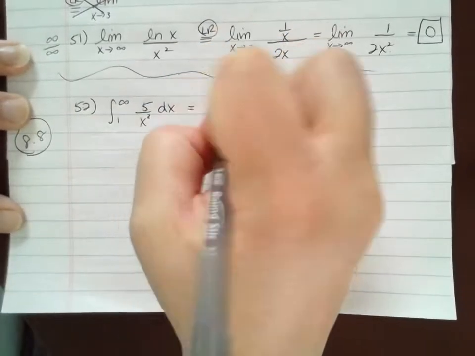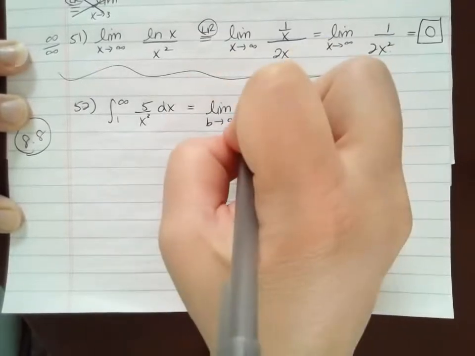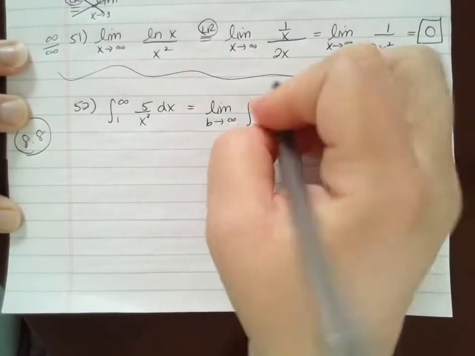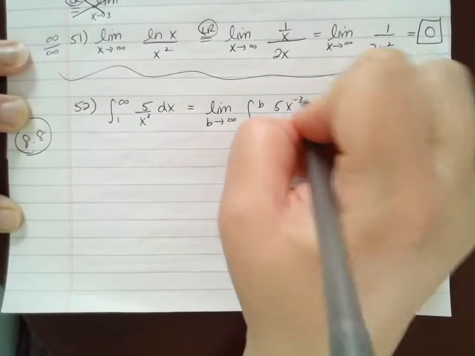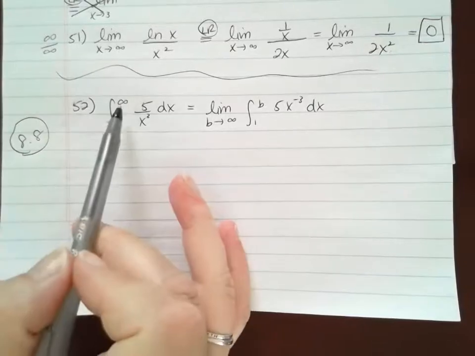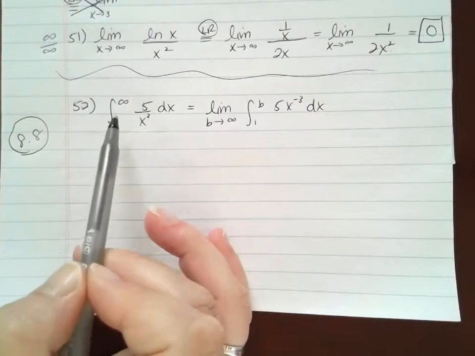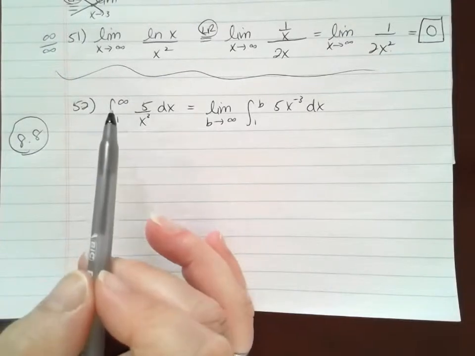Instead, you write it as the limit. In this case, I'm going to write as b approaches infinity from 1 to b of 5x to the negative 3. I want to write it in that form so that I can integrate it pretty easily. The reason I'm writing b is because we treat the upper bound as a b and the lower bound as an a traditionally. But you're going to want to look for whatever number is making this difficult.